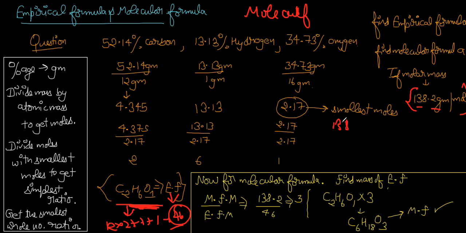If you divide them, you'll be getting 3. So 3 is the conversion factor between the empirical formula and molecular formula. Now, empirical formula is the smallest formula, simplest formula. So you will have to multiply the empirical formula by 3. So you will multiply C2H6O1 with 3 to get C6H18O3. This is the molecular formula.